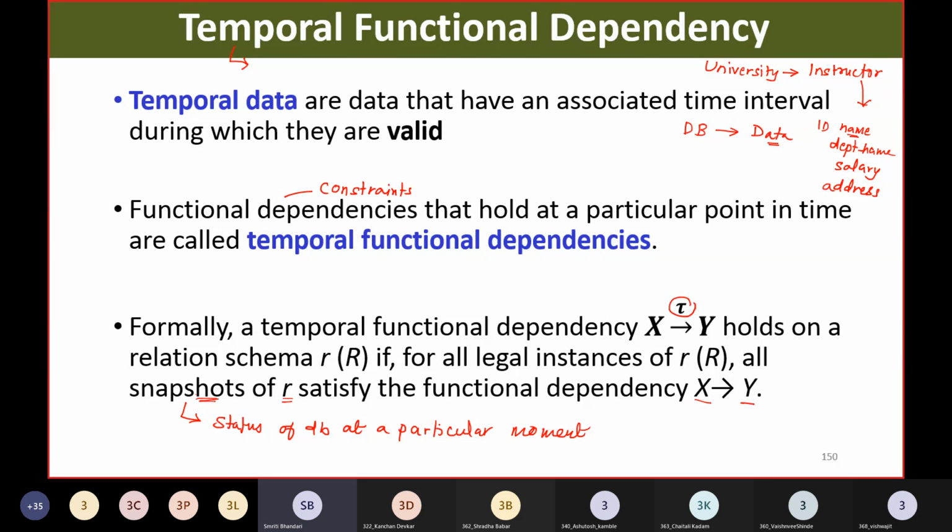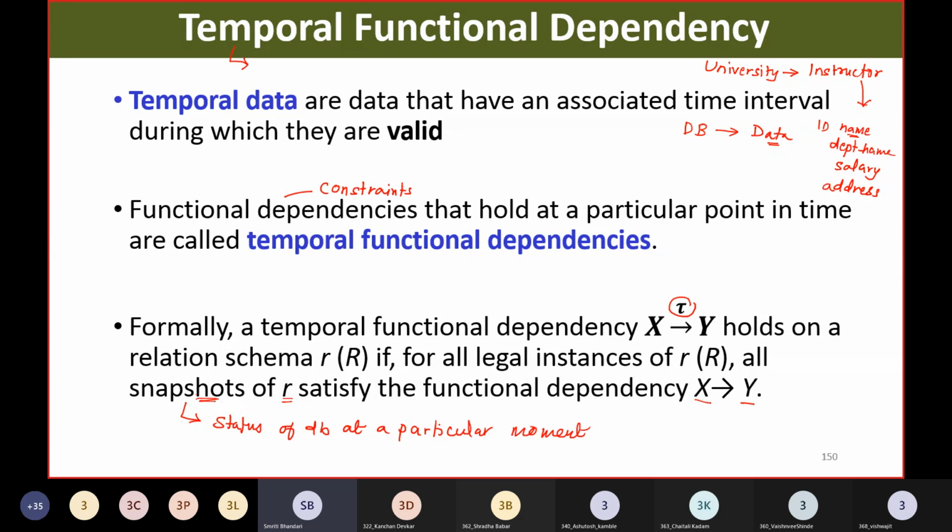We are not going into the details of all those things, but you should know that there is a concept of temporal functional dependencies. It is meant for temporal data, meaning the data that is valid with respect to some time interval.